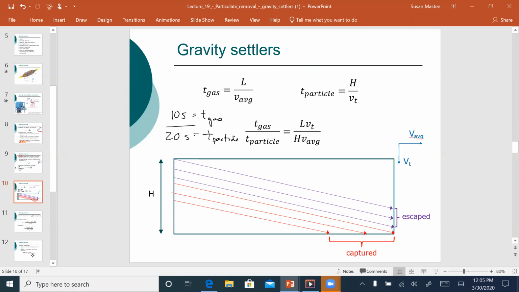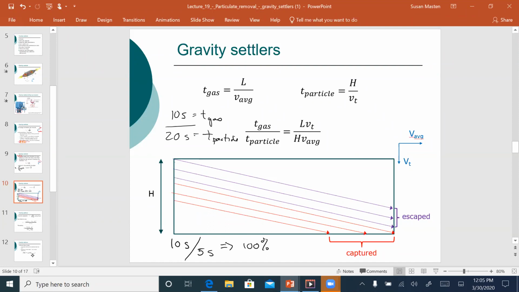If, on the other hand, it takes 10 seconds for the gas to traverse, but only 5 seconds for these particles to be removed, what does that mean? We actually have, in that case, 100% removal. It can't have more than 100% removal. So think about that when you're working these problems.